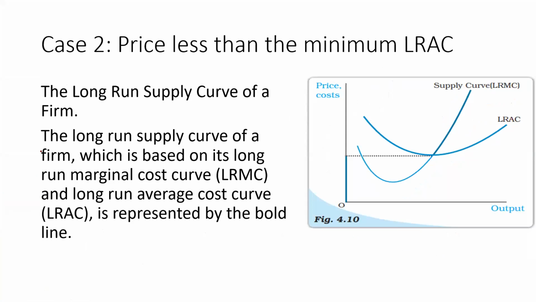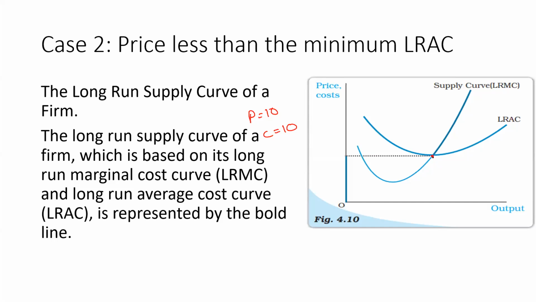Next, the case is when price is lesser than the minimum. The price is lesser than the minimum means if your price is 10, the cost is also going to be equal to 10. That is what is represented here at this point.